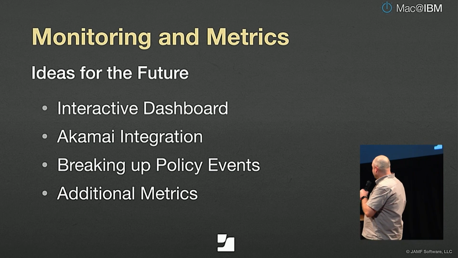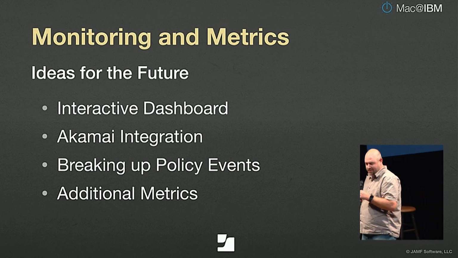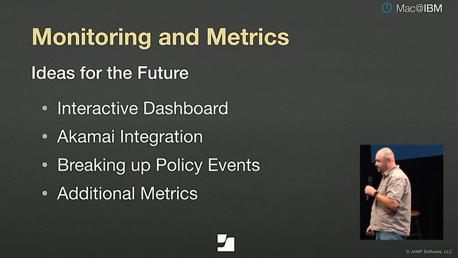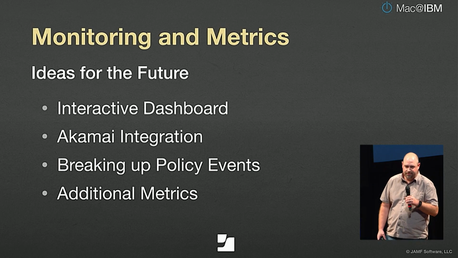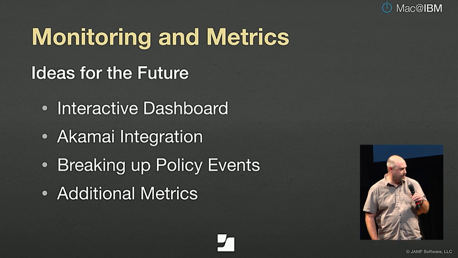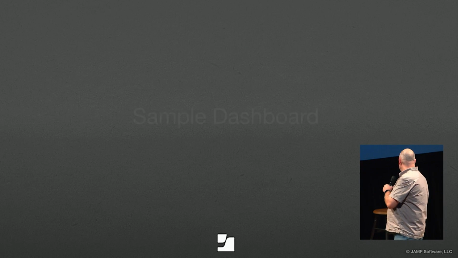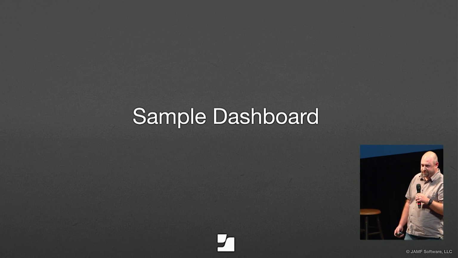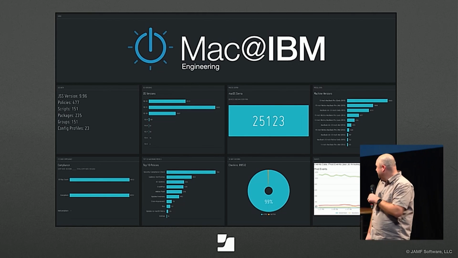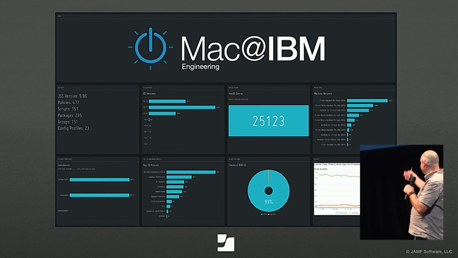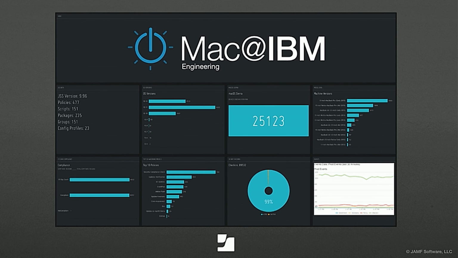So yeah, we collect a lot of metrics, and we store a lot of data. And you know, those Nagios spreadsheets that Pat put together are great, but they're not as pretty as we'd like. So we took kind of a challenge to see if we could find something a little prettier. We looked around at some open source stuff, and what we settled on was a product called Tipboard. So using the JSS API, we can get information like how many policies, how many scripts and packages we currently have in the database.